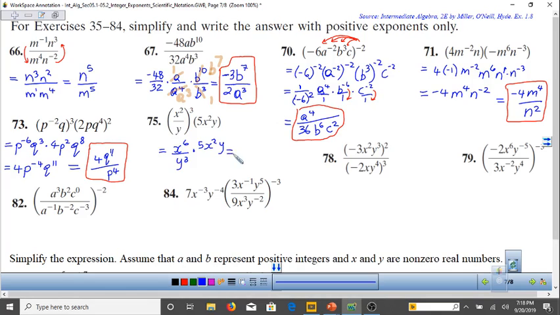And what I'm going to do is a little thinking here. The 5 is in the numerator. X to the 6 times x to the 2 is x to the 8. And then this y on top will cancel with one of the y's at the bottom, leaving just y squared. And I can show that by saying that cancels with one of these, leaving 2 of them behind.